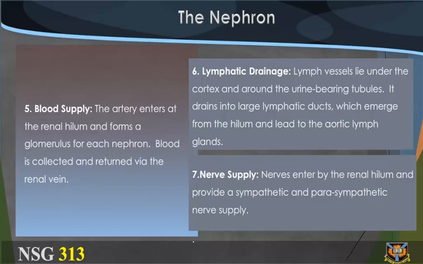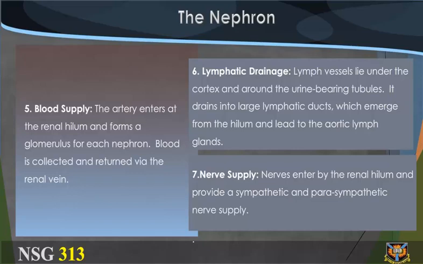5. Blood supply. The artery enters at the renal hilum and forms a glomerulus for each nephron. Blood is collected and returned via the renal vein. 6. Lymphatic drainage. Lymph vessels lie under the cortex and around the urine-bearing tubules.